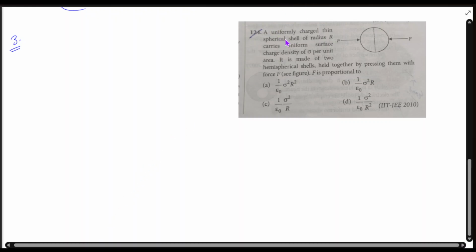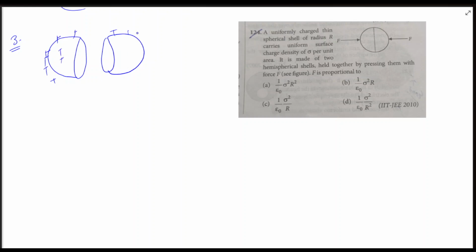We have a uniform charged thin spherical shell of radius r carries a uniform surface charge density sigma. It is made of two hemispherical shells and held together by, okay, perfect. The situation is like this. This is one hemispherical shell. This is another hemispherical shell. Now the charge is distributed over the surface.